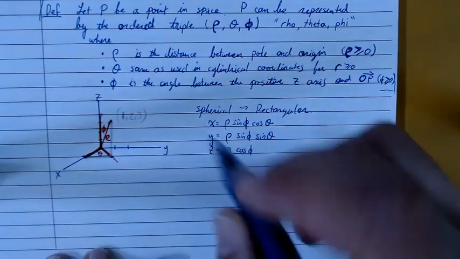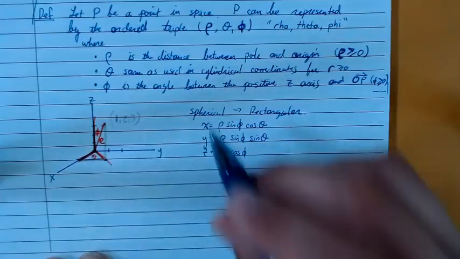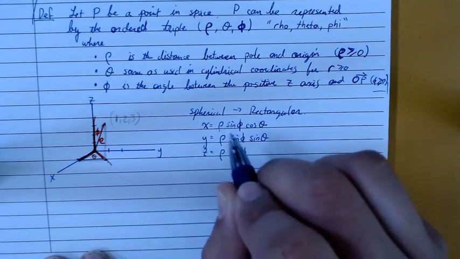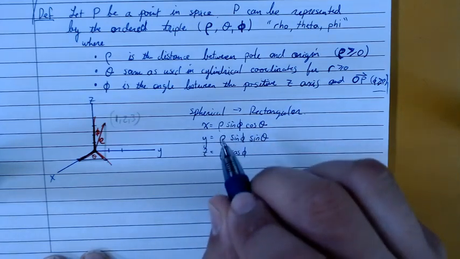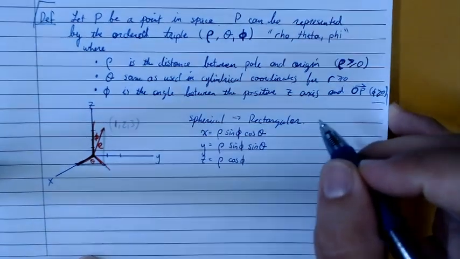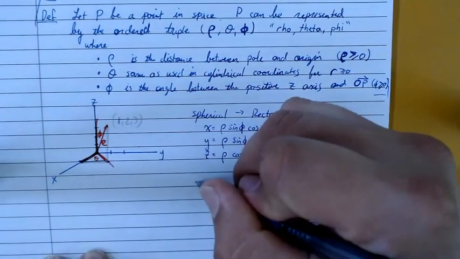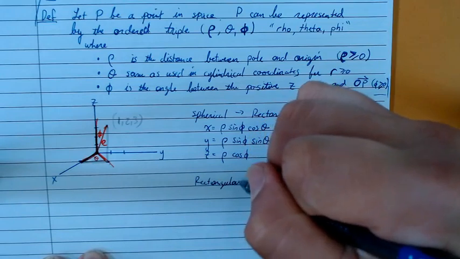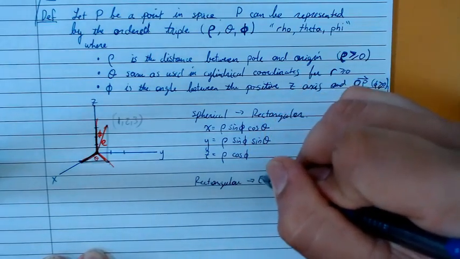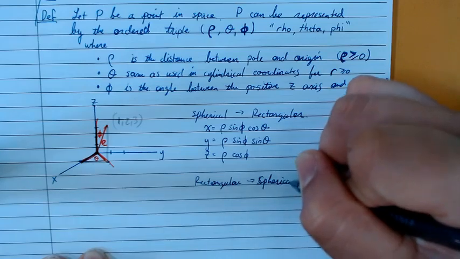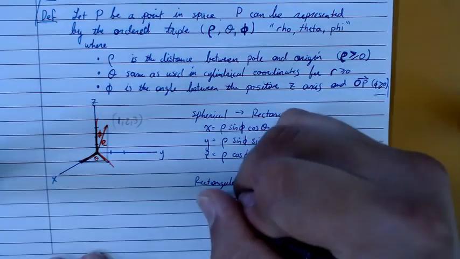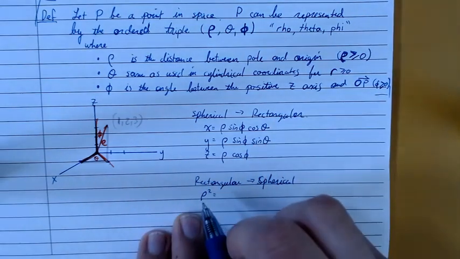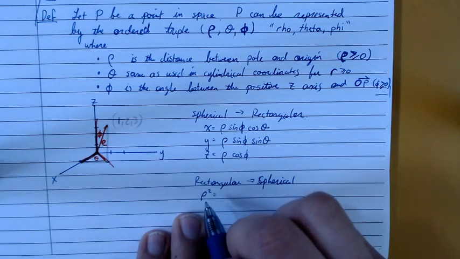Going back from rectangular to spherical also has some conversions, which, although not the same as with cylindrical and rectangular, do have at least a few similarities. So let's see, to go from rectangular to spherical: rho squared is equal to, so thinking back to cylindrical, R squared is equal to X squared plus Y squared.